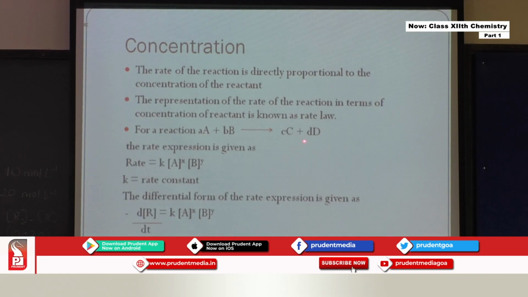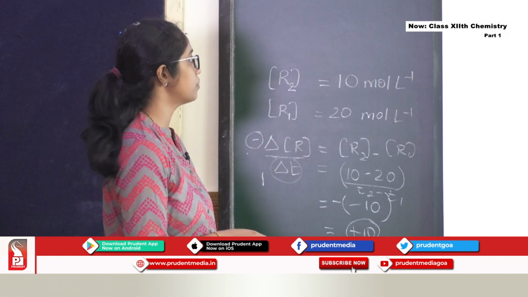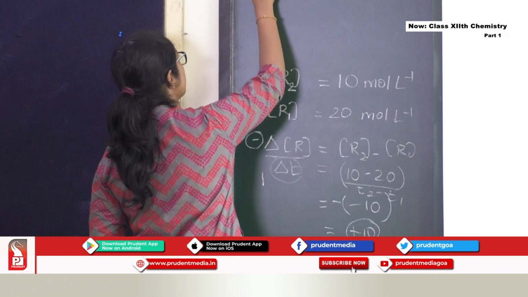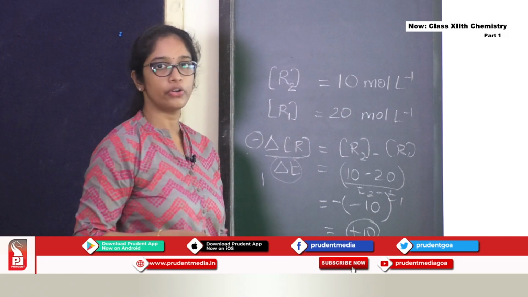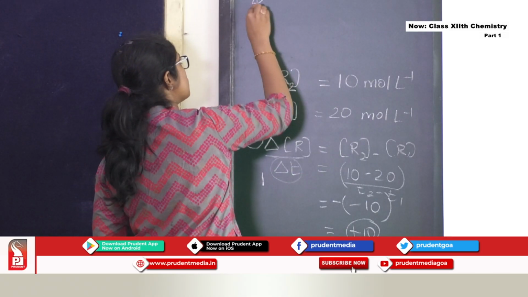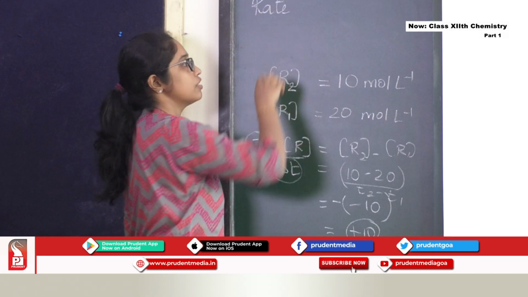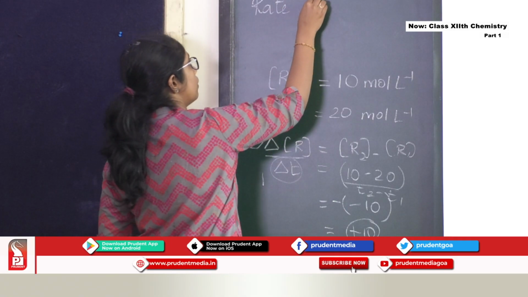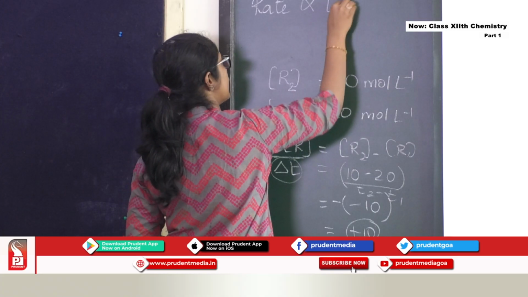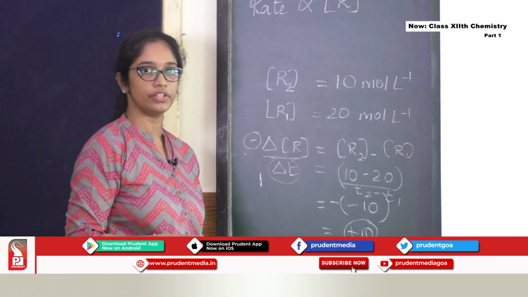I have taken an example here of reactants A and B reacting to give you C and D. The rate expression here is given as rate is equal to K into concentration of A raised to X and B raised to Y. Now before this, you need to understand that suppose I have a reaction, reactant giving product, then since we know that rate of the reaction depends upon concentration of the reactant, we find that rate is going to be directly proportional to the concentration of the reactant.